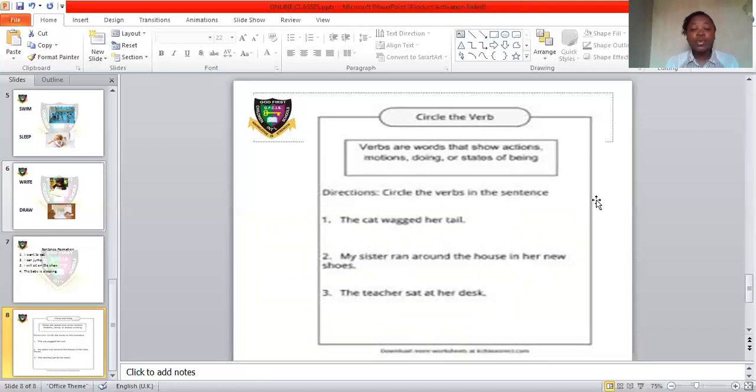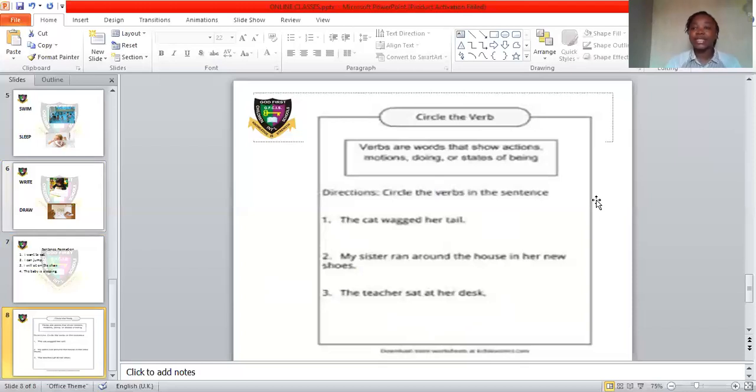The last example: the teacher sat at her desk. Right now, I am sitting and there's a desk in front of me. So I'm sitting at my desk, carrying out an action. But in the sentence there, it said the teacher sat at her desk.